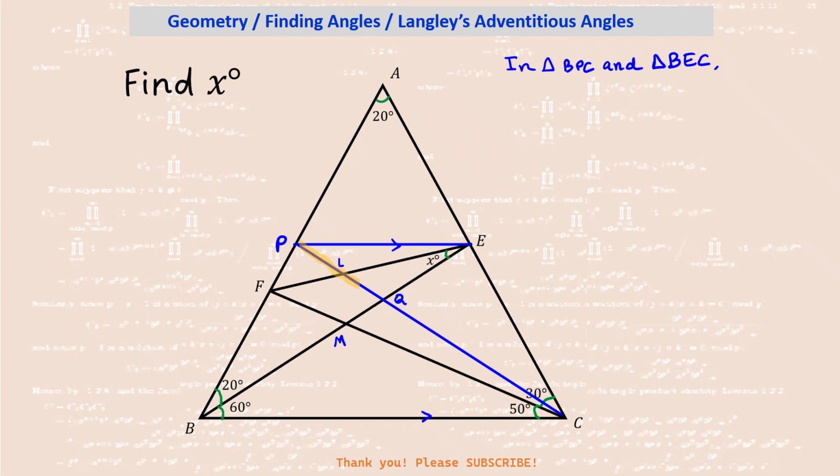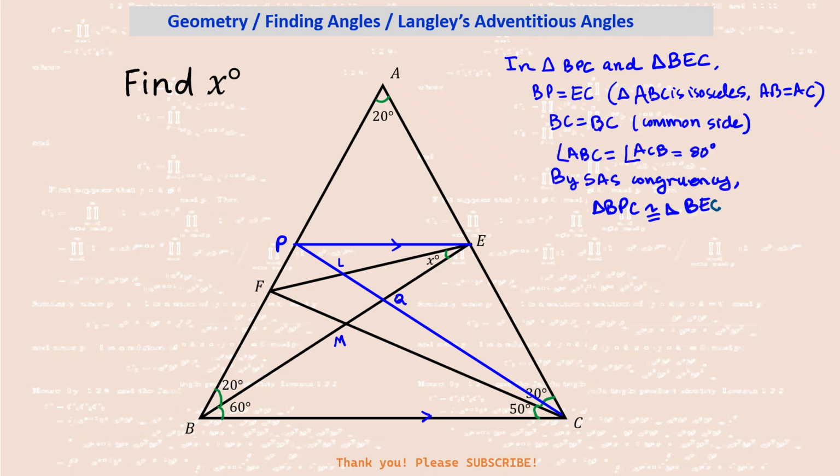Then in triangles PBC and EBC, so here we have this angle, so that's PBC and BEC. These two triangles are congruent. The reason, of course, being the angles are equal, and PB, as I said, is equal to EC, and BC equals BC.